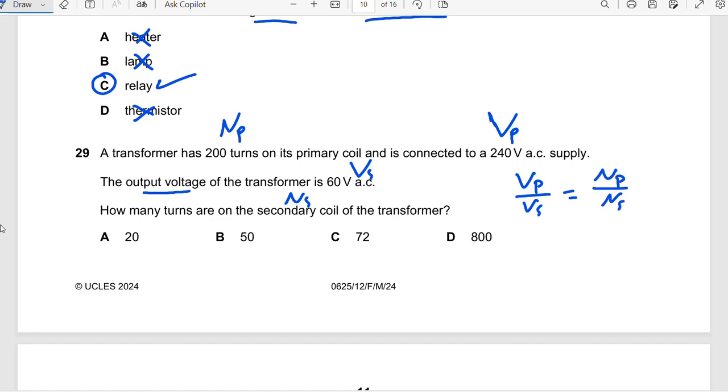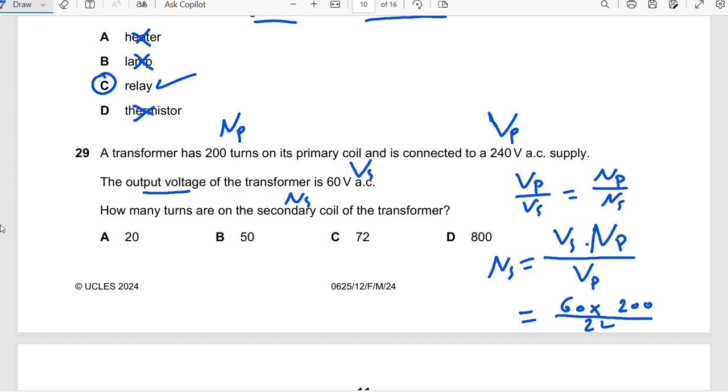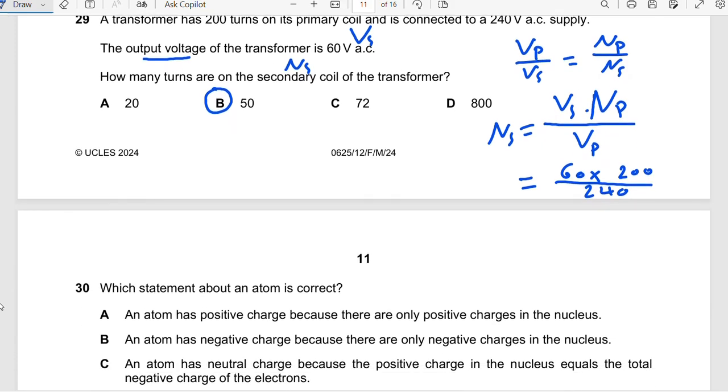What do they want? They want Ns. Cross multiply and fix the equation: Ns equals Vs multiplied by Np over Vp, right? Vs I have 60, Np I have 200, and Vp I have 240. I did it already and I got option B, which is 50. Feel free to use your calculators and check the answer.